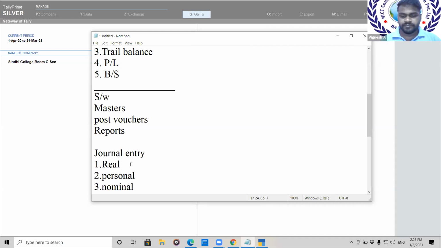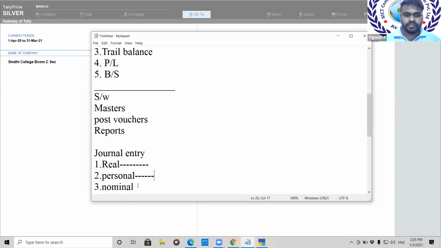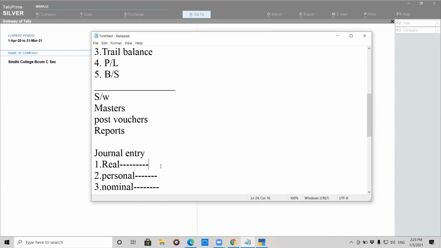For personal, debit the receiver and credit the giver. Very good. For nominal, sir, I've forgotten. So debit the expenses and losses and credit the incomes and gains. Good. That's all your journal entry if you understand this.